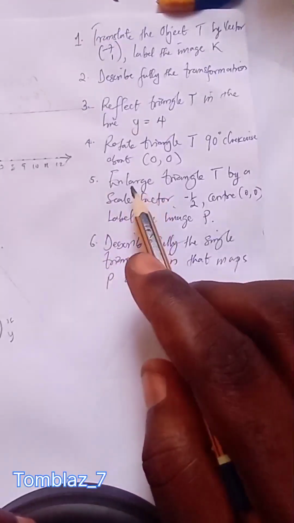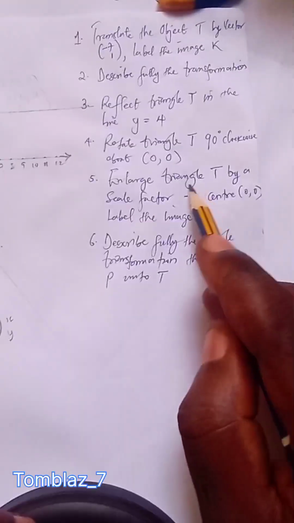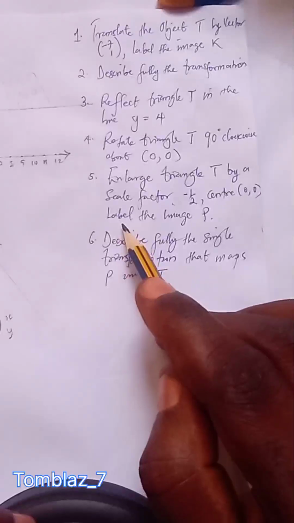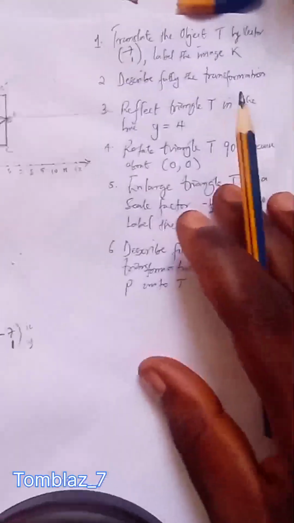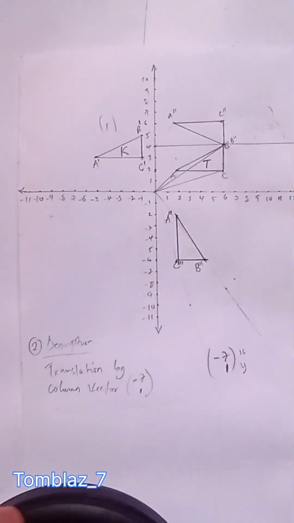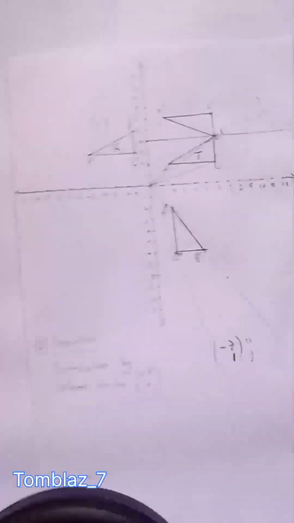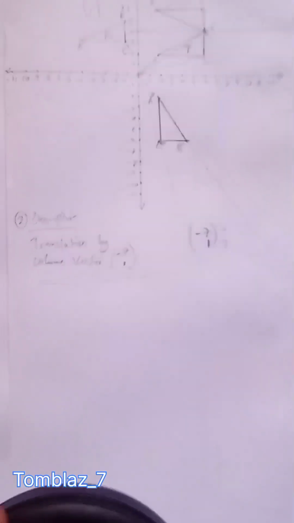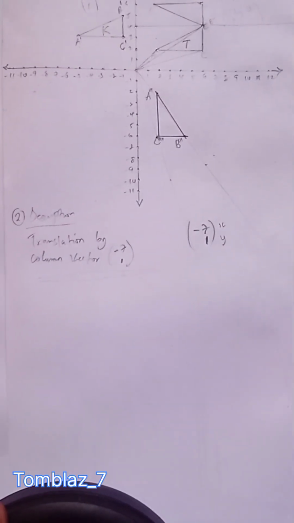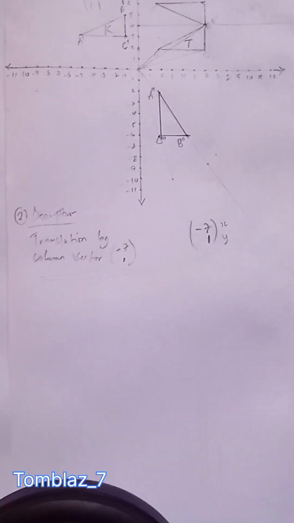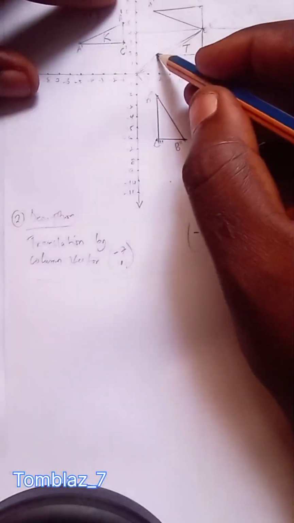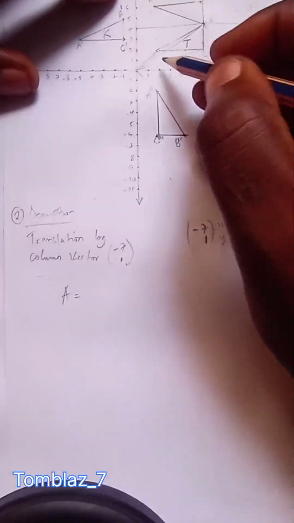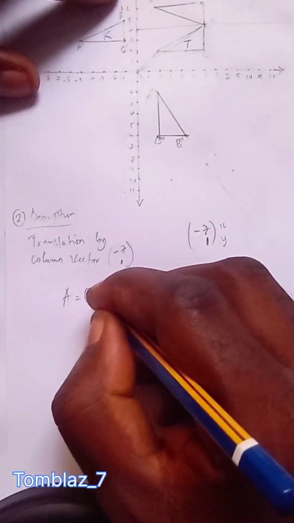Number 5 says enlarge triangle T by a scale factor of -1/2 with center 0, 0. Label the image as P. Okay, so let's see what we're going to do. First, let's recall our coordinates for T. For A we have 2, 2.